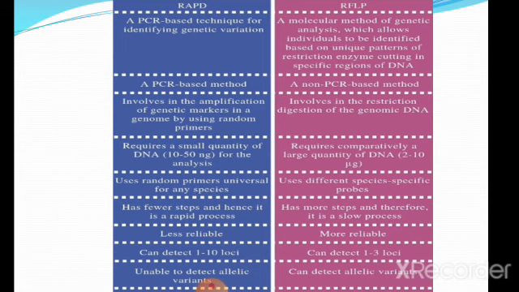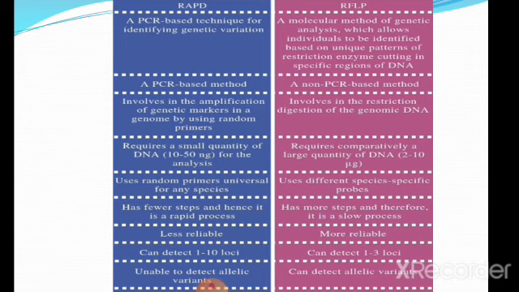Then RAPD has comparatively fewer steps and therefore it is a rapid process, whereas RFLP has more steps and therefore it is a slow process. RAPD is less reliable whereas RFLP is more reliable. This is a difference.